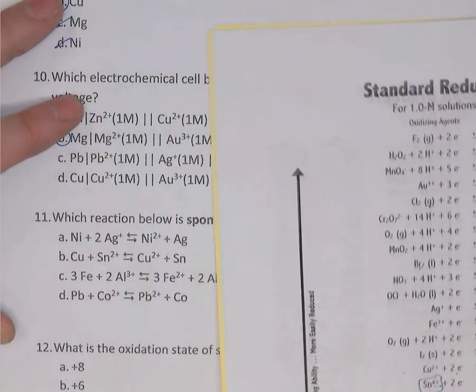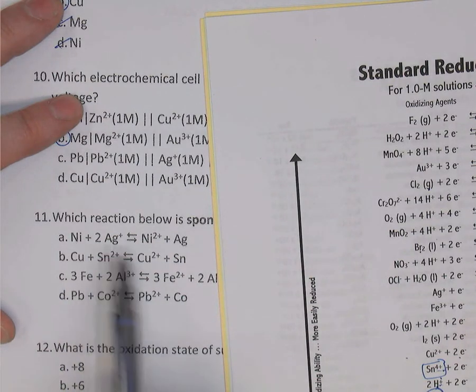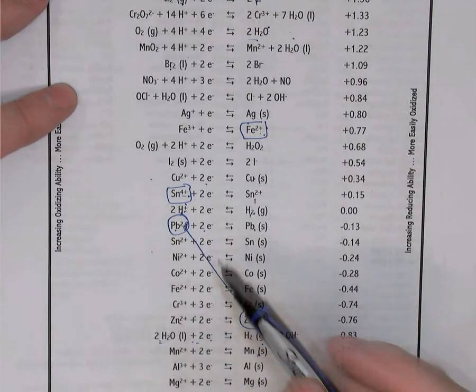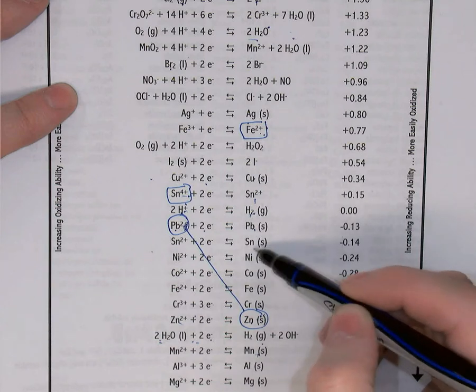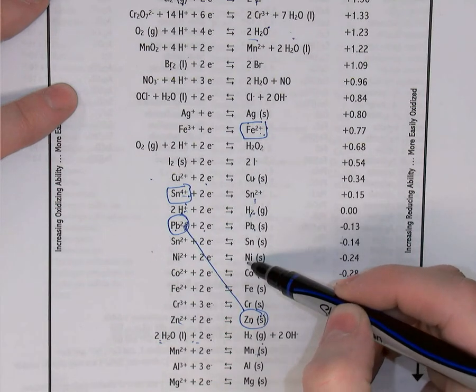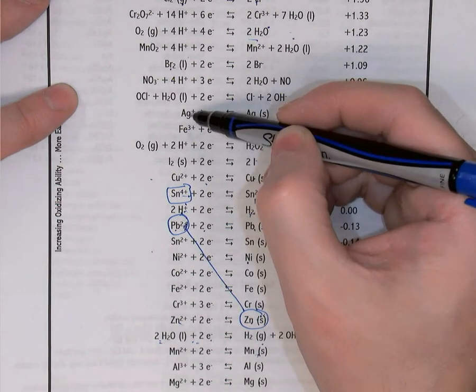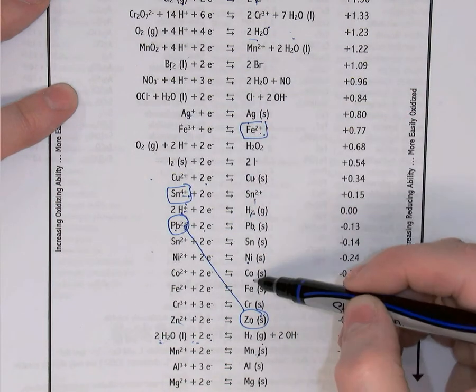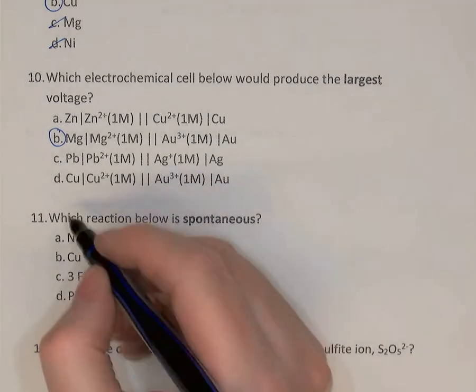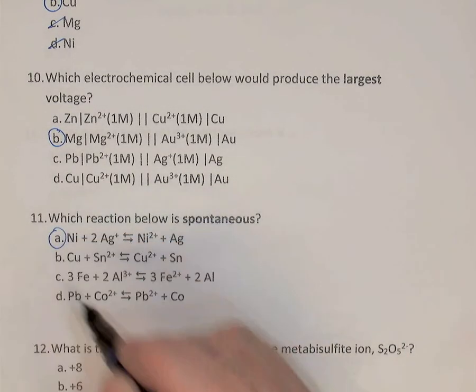So I'm just going to look here and say, when nickel reacts with silver ions, nickel is right here, on the right-hand side. Silver ions are up here and to the left. So silver and nickel reacting, that should be a positive cell potential, and therefore it should be a spontaneous reaction.